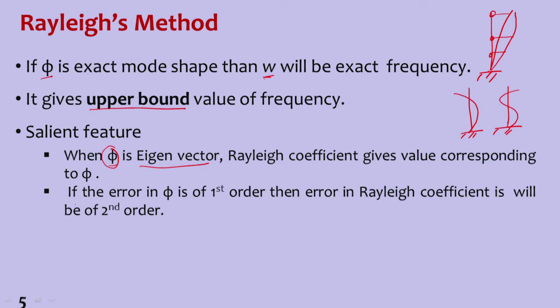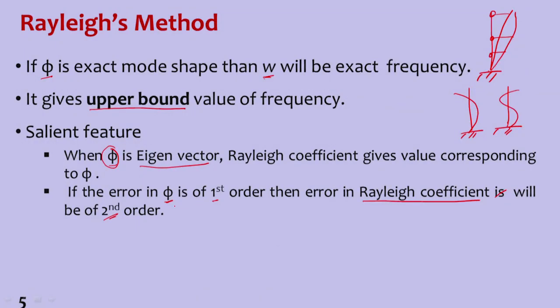And one important thing is, if the error in assuming phi is of first order, then the error in Rayleigh's coefficient will be of second order. So there is an advantage: even if the error is slightly higher, the actual error in estimating omega, that is frequency, is of lower order.